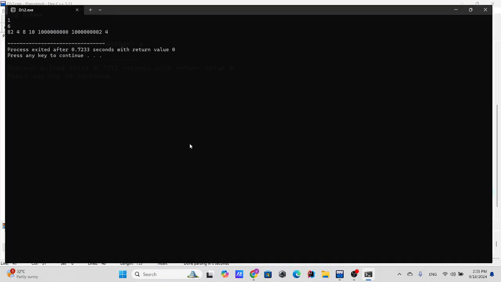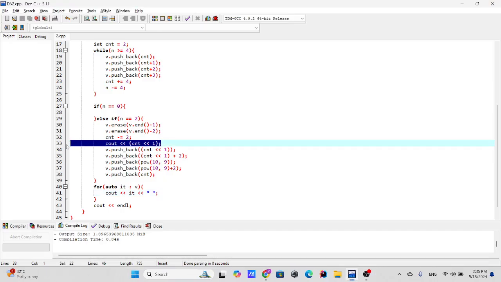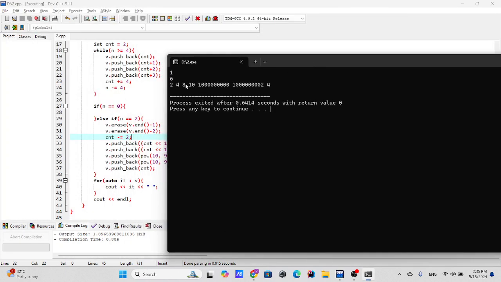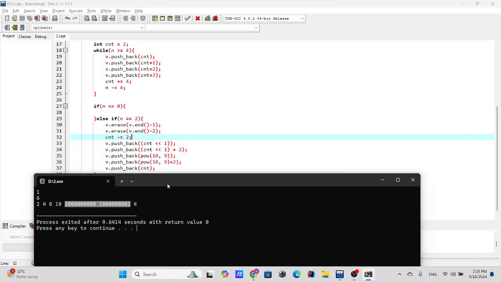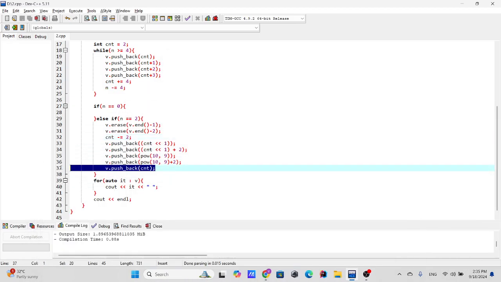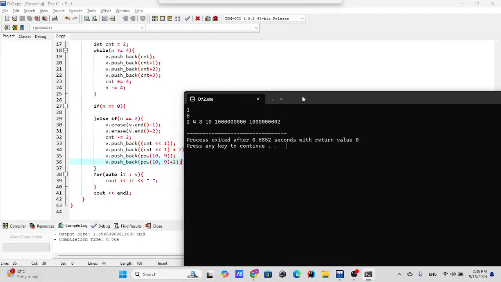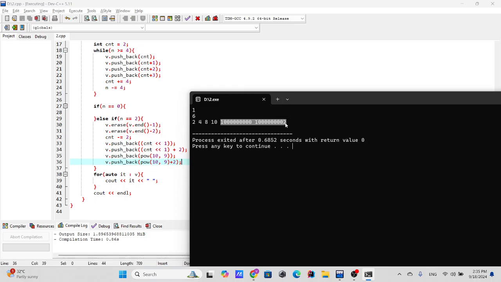What do we have here? Let's see. 248. 2, 4. I don't know what this is, guys. Okay, this 2 is correct, I guess. But what is this?